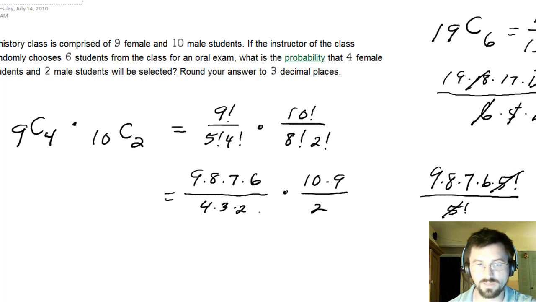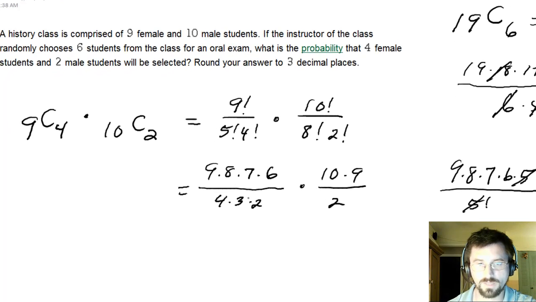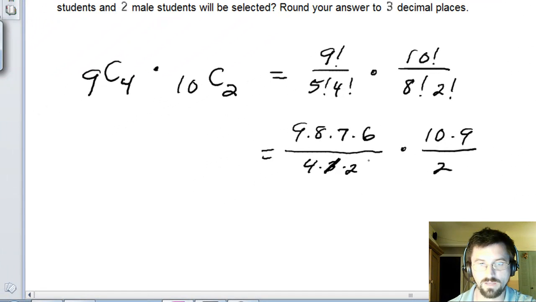Okay, and as you get to know these, you can do it a lot quicker. So what I'm going to do is take this 3 and this 2 and cancel that 6, this 4 and this 2 and cancel that 8. So what do I have?